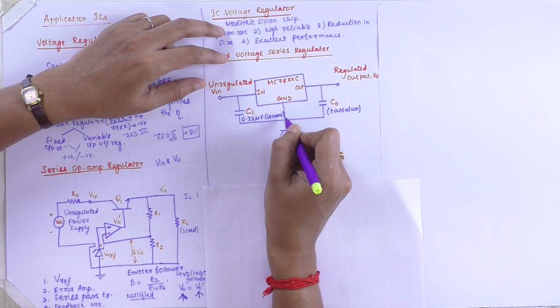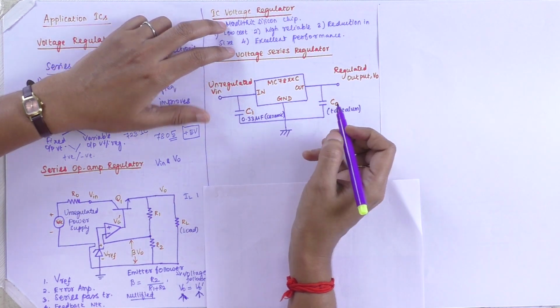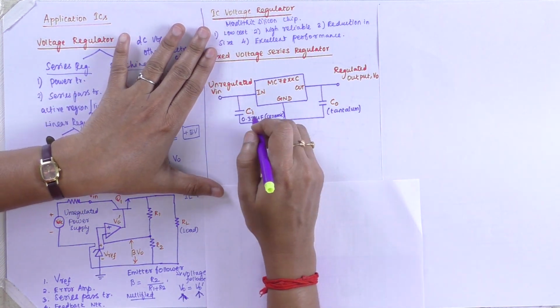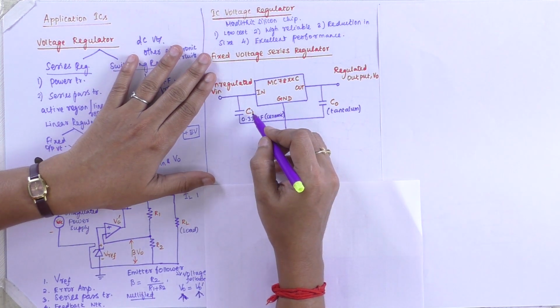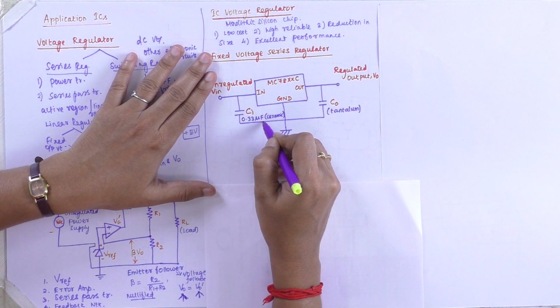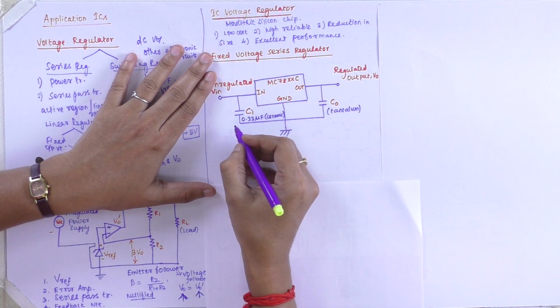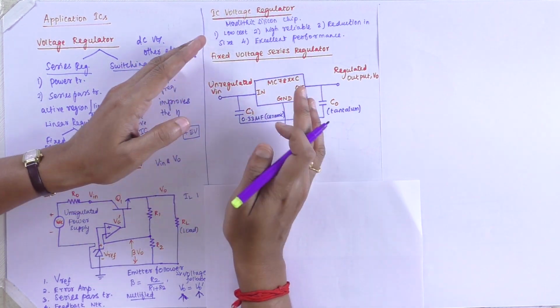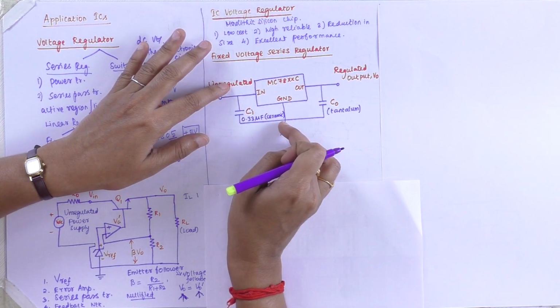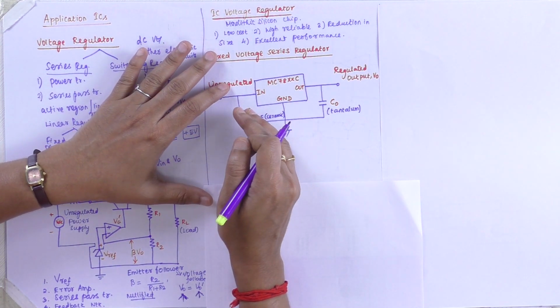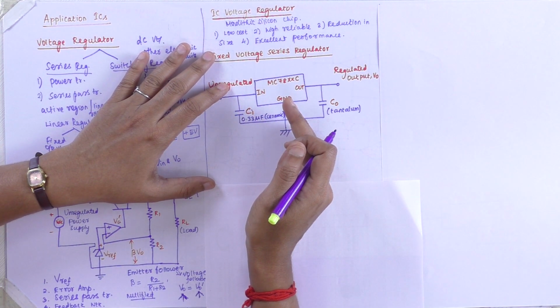The capacitor Ci of 0.33 microfarad with ceramic material is connected between the input terminal and the ground terminal. It cancels the inductive effects, especially where there are long distribution leads.